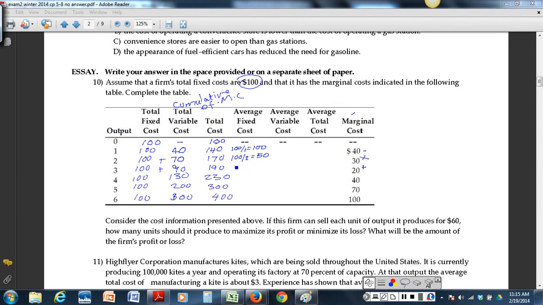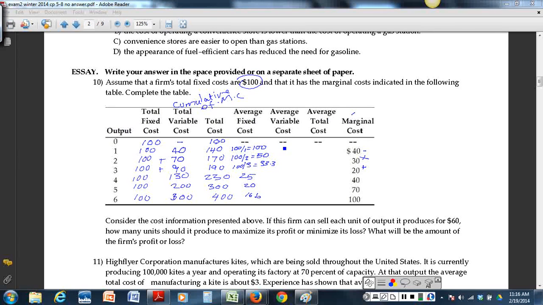When I produce 3 units, then I spread it over 3, so it's 33.3. And next one, on 4 units, it would be $25 per piece. On 5 units, it would be $20 per piece. And 6 units, it would be like $16 per piece, something like that.